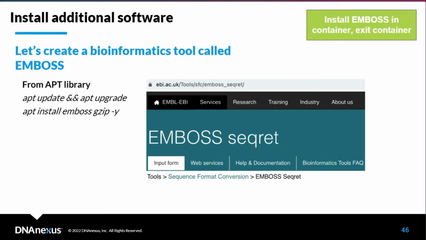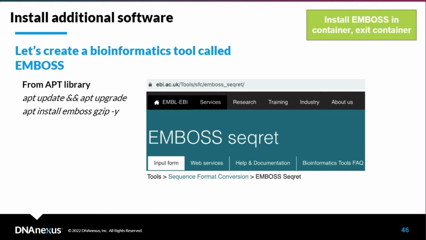So how can we actually install this additional software? Let's consider we are again inside the running container in interactive mode. So we can simply run installation commands. In this case, we can install it from the Ubuntu library and repository with apt update, apt upgrade, and then apt install EMBOSS.